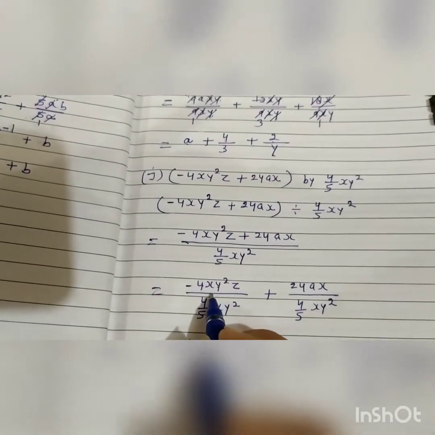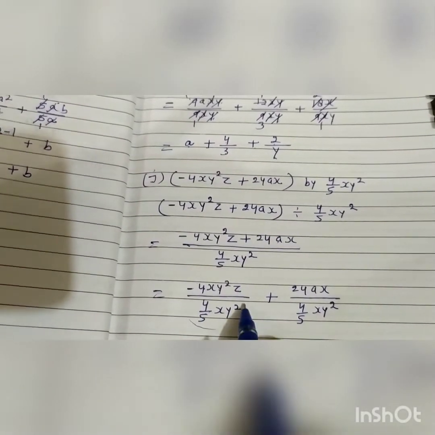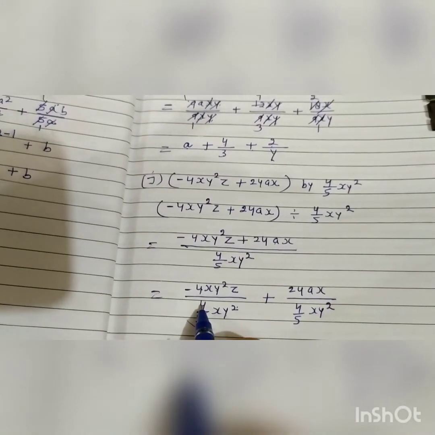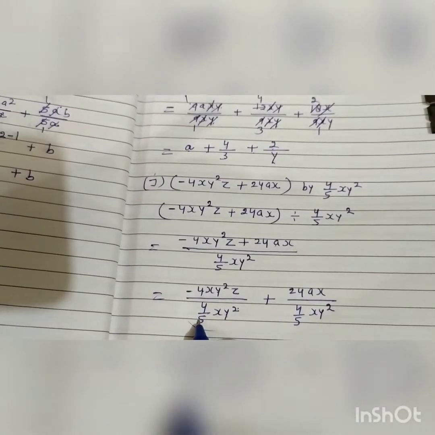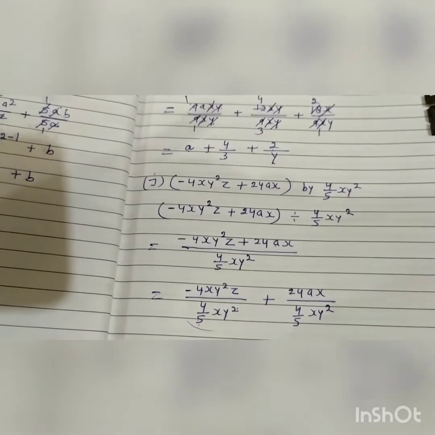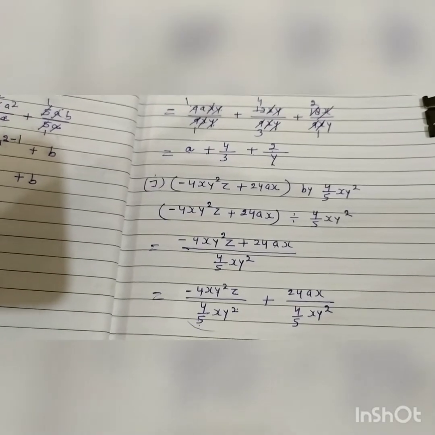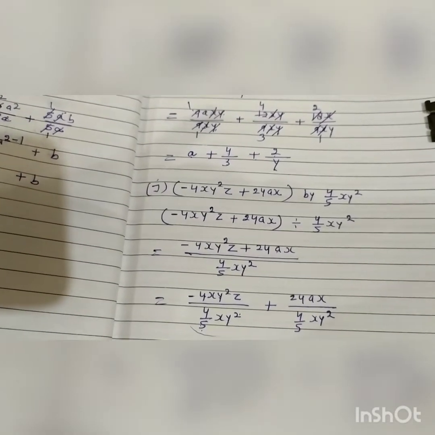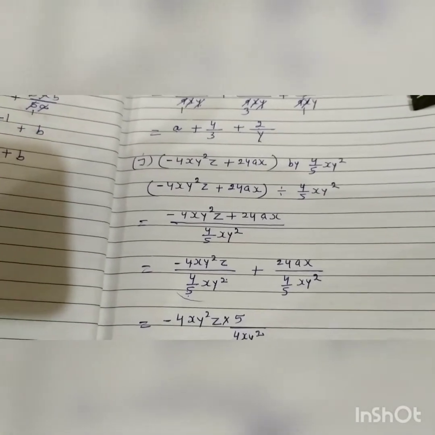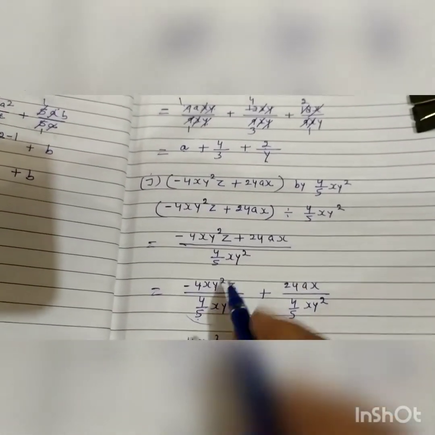Now we will write the reciprocal of this 4/5 xy square. It will be read as 4xy square upon 5. When we write the reciprocal, it will become 5/4xy square. Because what is the meaning of this term?